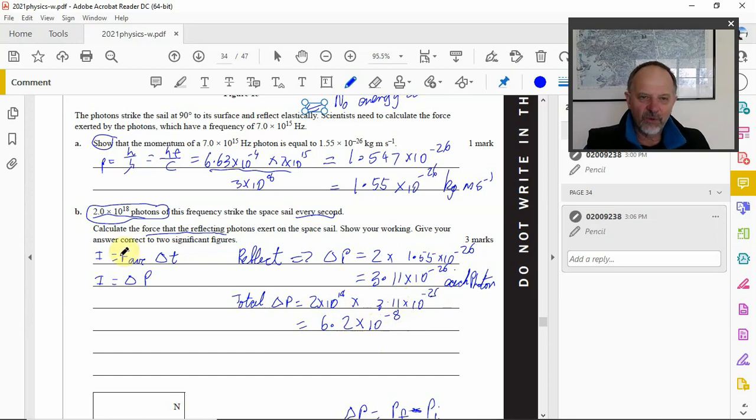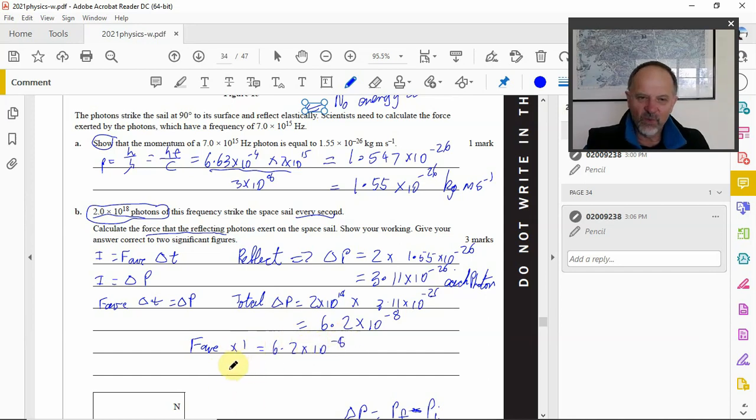All right, average force we're after. So what we know is, if I put these two things together, the average force times the time would be the change in momentum. And so our average force times 1 is 6.2 by 10 to the minus 8.